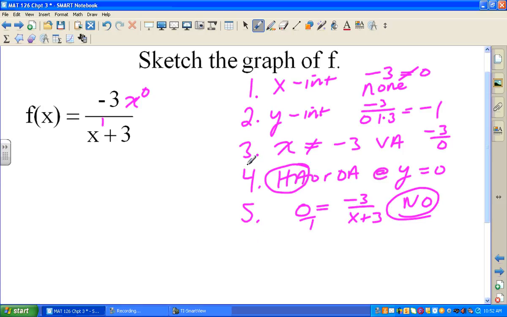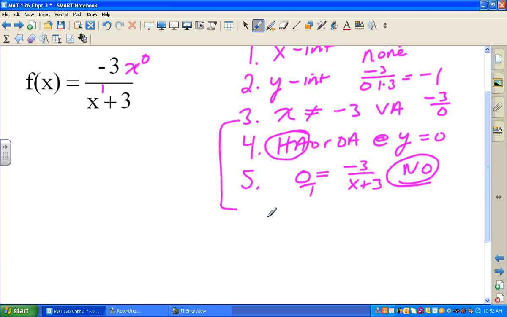Fantastic. What's it going to do on the left side of -3? As x approaches -3 from the left, that means you put in like -3.1. Will it come out to be positive or negative? Positive. So that means on the left side of the asymptote, it's going to be positive infinity. As you approach -3 from the right, you put in like -2.9, and that would be negative.